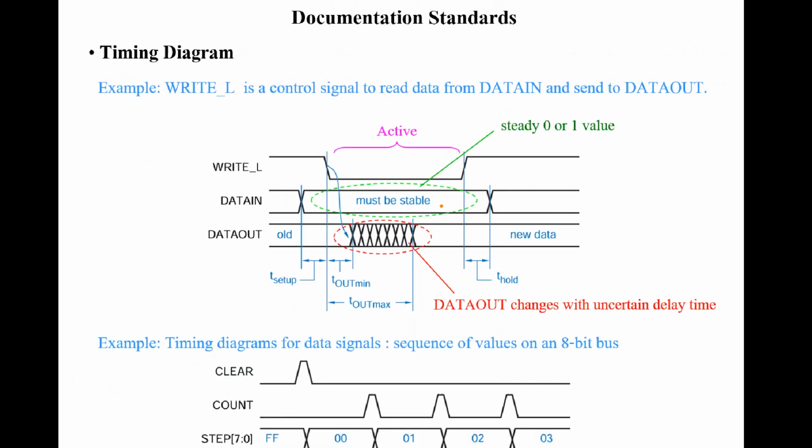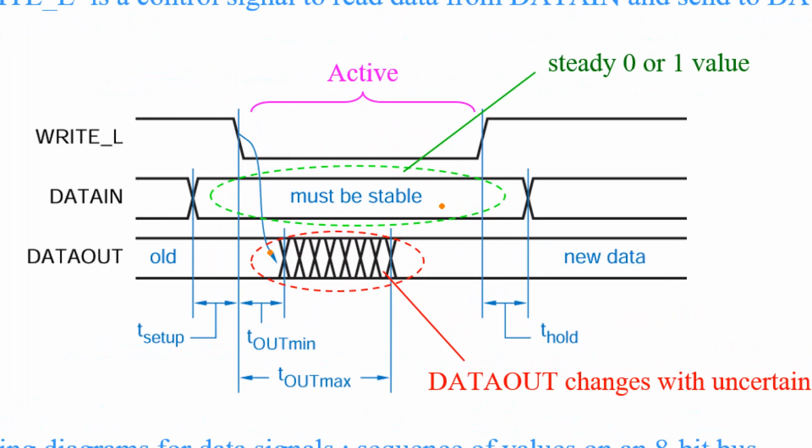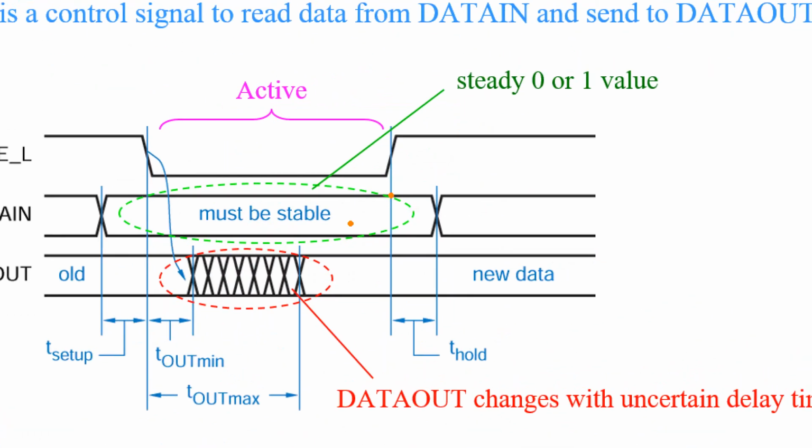And note for this one, it changes. Maybe it changes from low to high at this point of time, or from low to high at this point of time. And some signals change from high to low at this point of time, or this one, right?